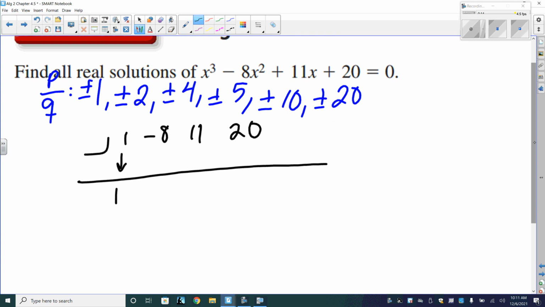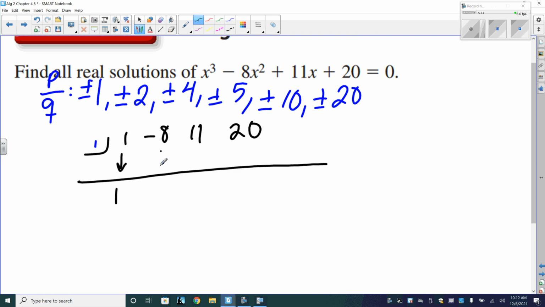Guess what we would do? I'm going to start out at 1 to see if this works, because if it gives us 0, then that's a solution. If it doesn't, then it's not a solution. Well, let's check and see if 1 is a solution.